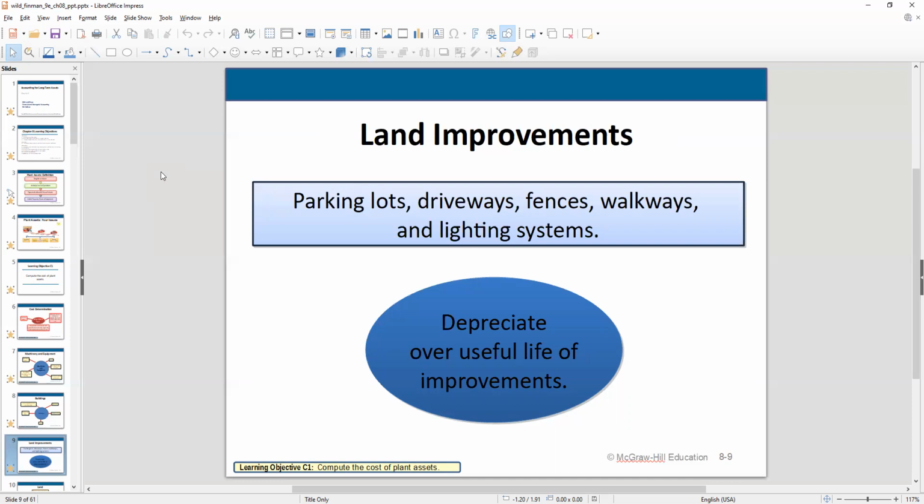And again, these decisions are up to you. Usually they're based on reliable studies, so you can go to outside references. There's a ton of publications out there that discuss what the useful life of different items used in different industries are, and you can rely on that information to make a decision.